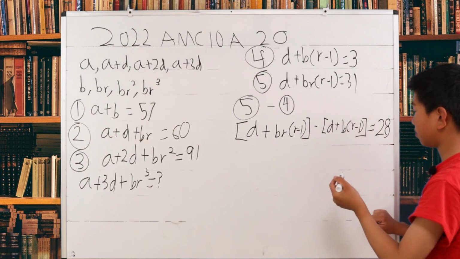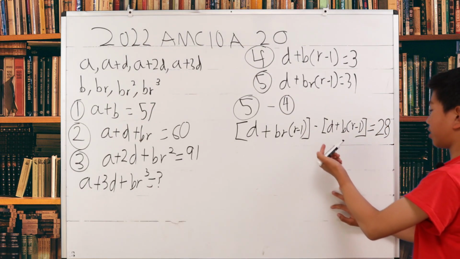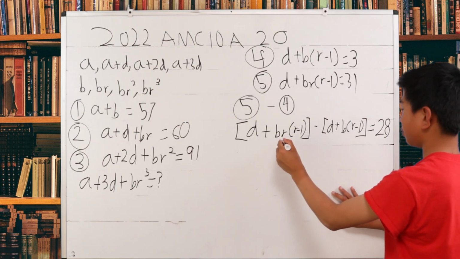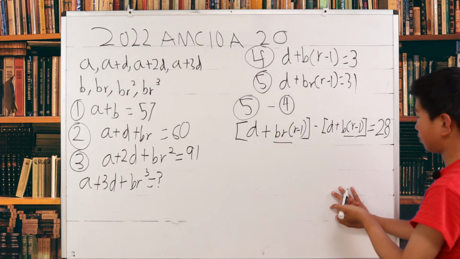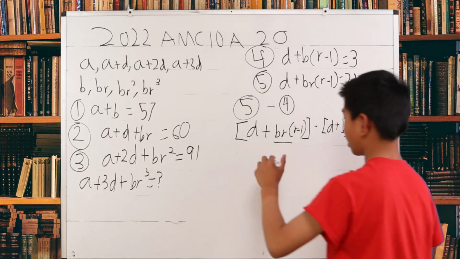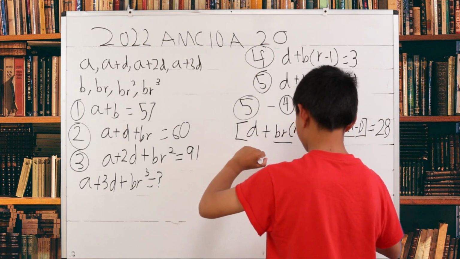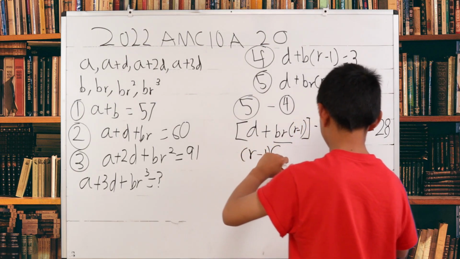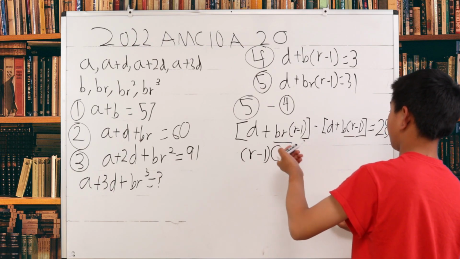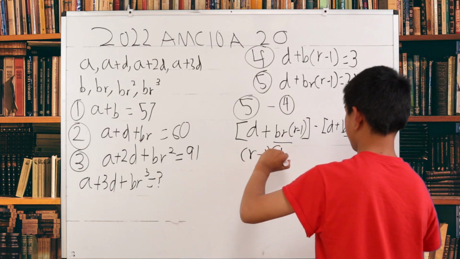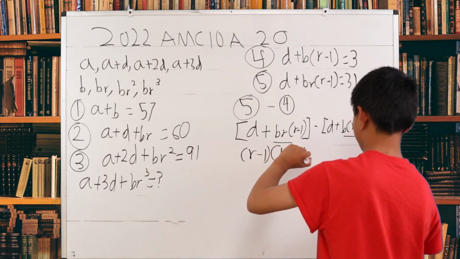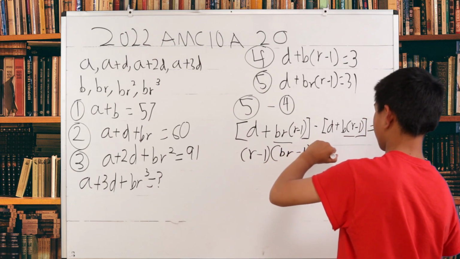The D's cross out. What you're left with, these 2 terms both have a factor of R minus 1, so we can take that out. So R minus 1 times BR minus B, still equal to 28.